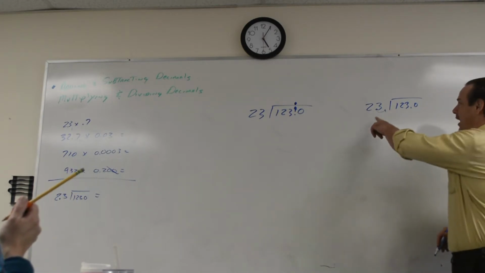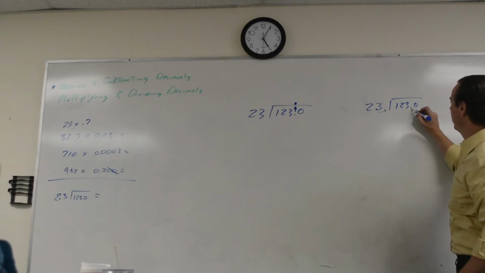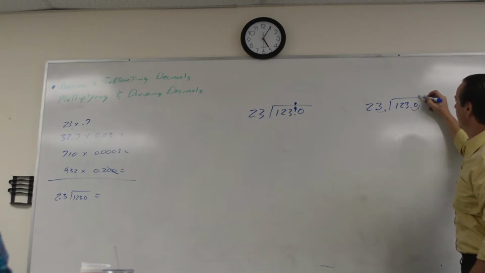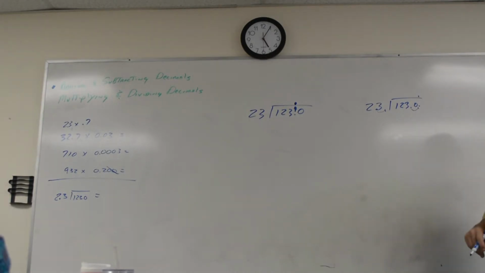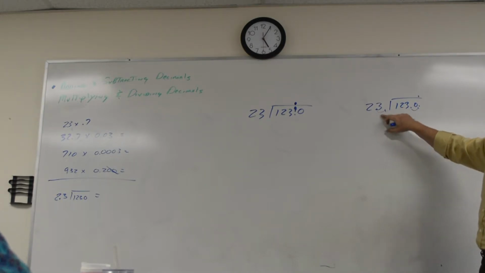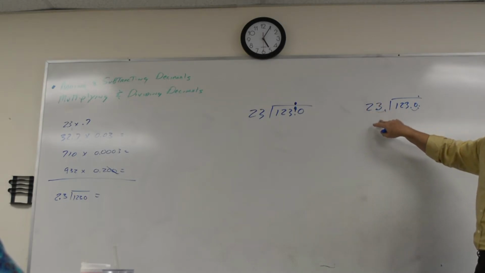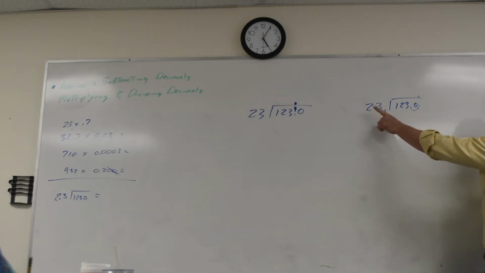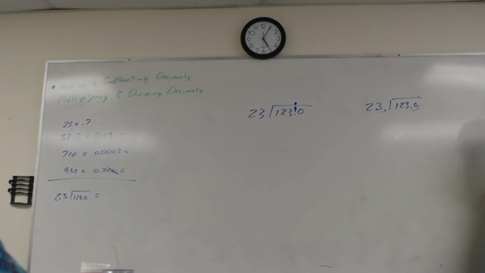If we do it to our divisor, we also have to do it to our dividend, so it moves over to here, and then we project it up. So if you have a decimal point in your divisor, you have to move the decimal point so the divisor becomes a whole number, then make that same decimal move in your dividend prior to projecting your decimal point into your quotient. Does that make sense?